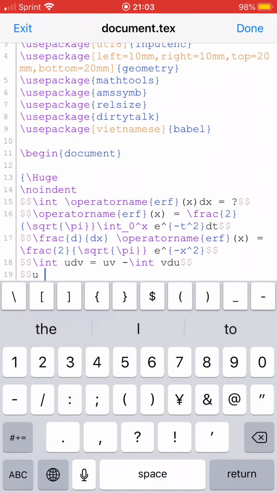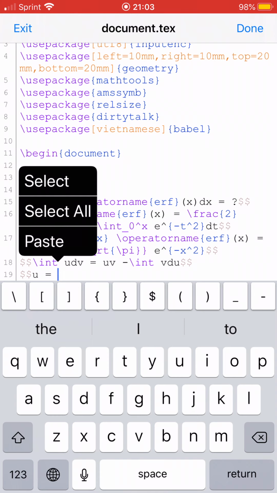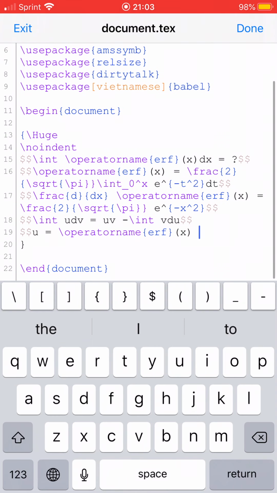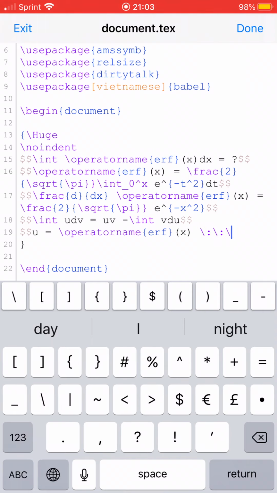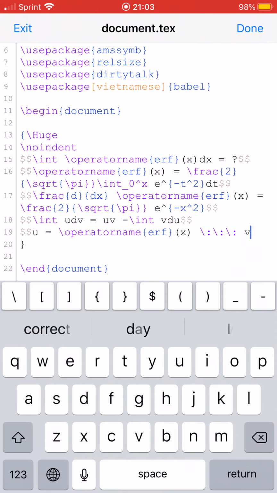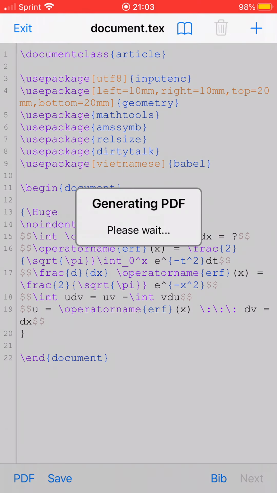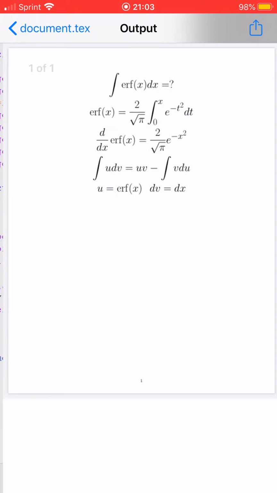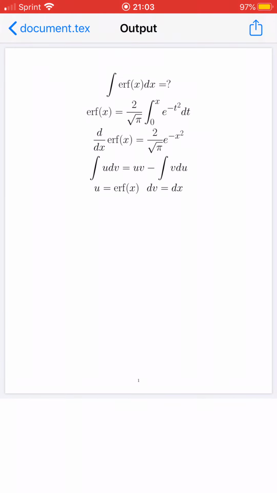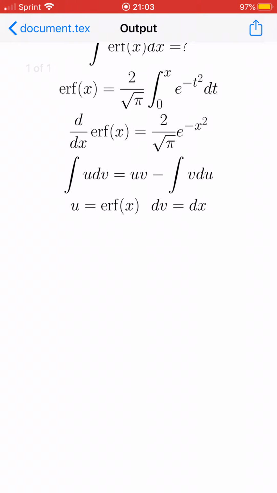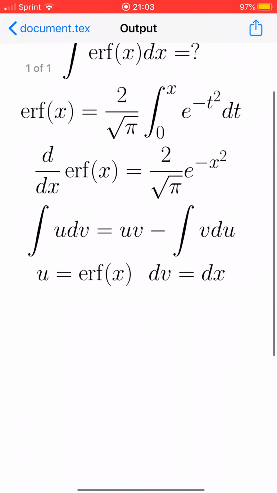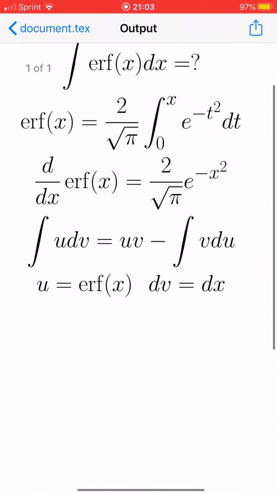We're gonna do u equals the error function of x, and I'm gonna leave some space here, and then dv equals dx. So this is what we're choosing for u and dv to apply the integration by parts technique.